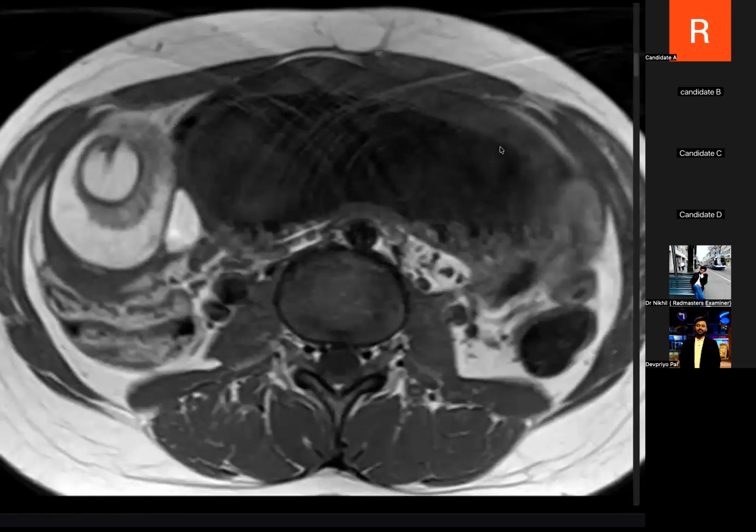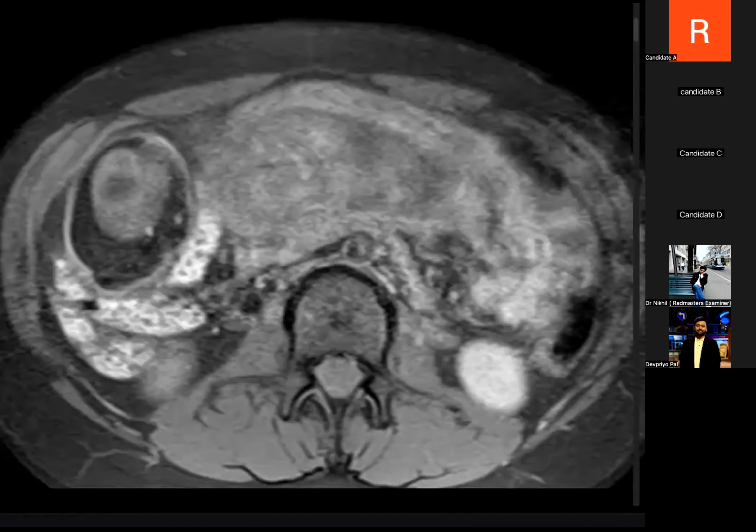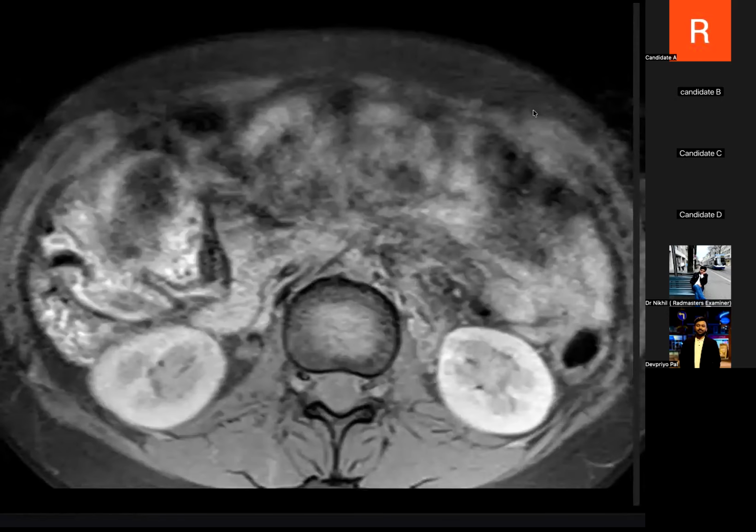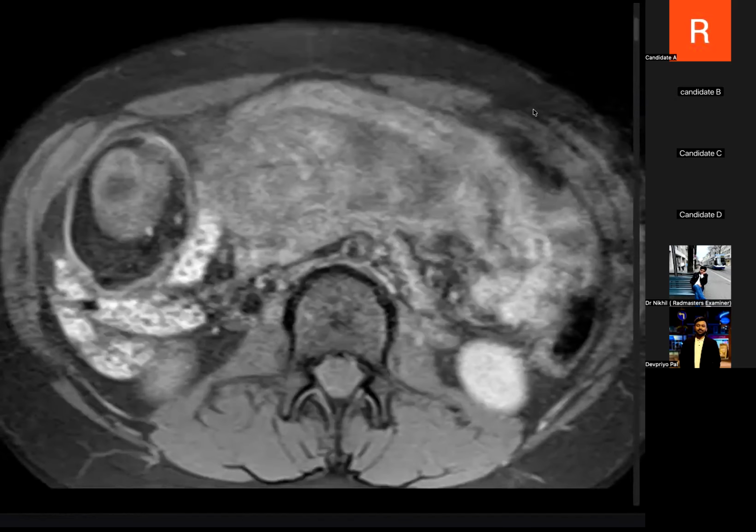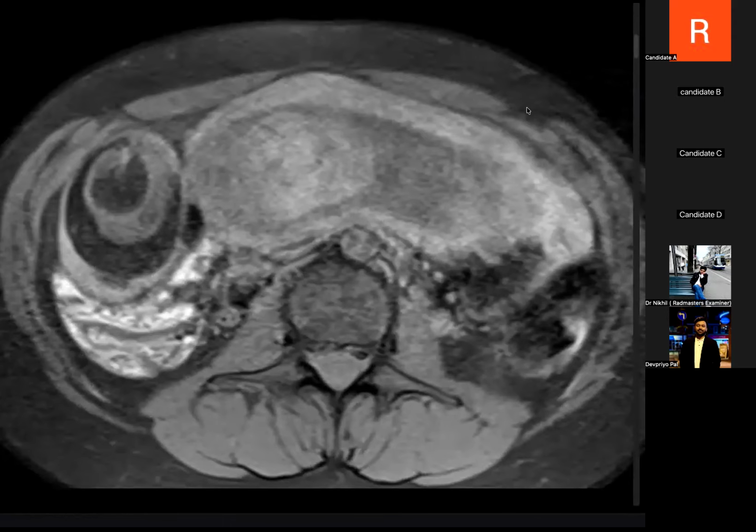What other sequence can I provide to confirm your diagnosis or help you further narrow it down? First, I would like to see the fat sat images to see whether it is truly fat or not. This lesion shows peripheral high signal that is suppressed in these fat sat images.